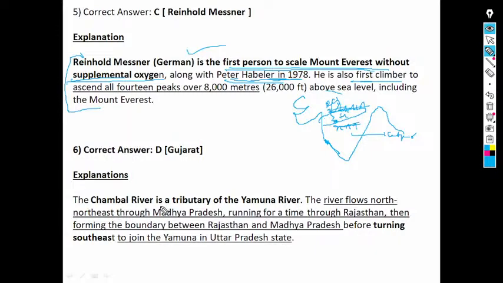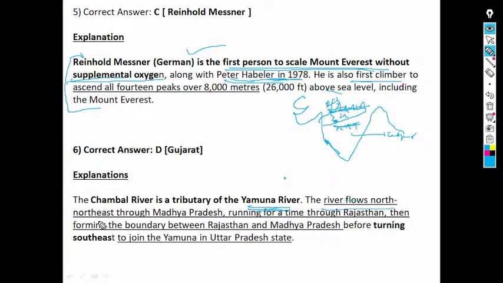The Chambal River passes the Rajasthan border. Chambal River is one of the important rivers also. Chambal River is a tributary of the Yamuna river.